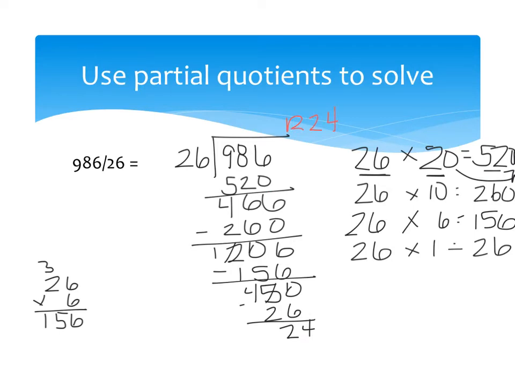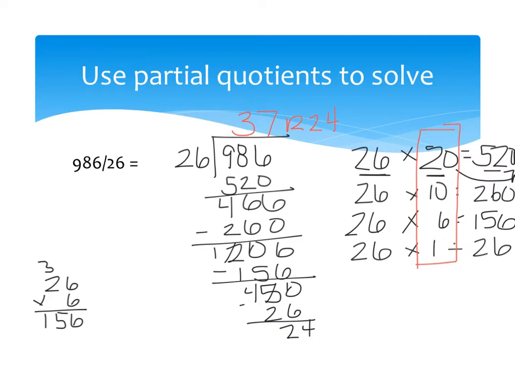To get the whole number of my quotient, I'm going to add up all those factors that I multiplied by my divisor. 20 plus 10 is 30, plus 6 is 36, plus 1 more is 37. I know my quotient needs to start in my tens place, so my answer is 37, remainder 24.